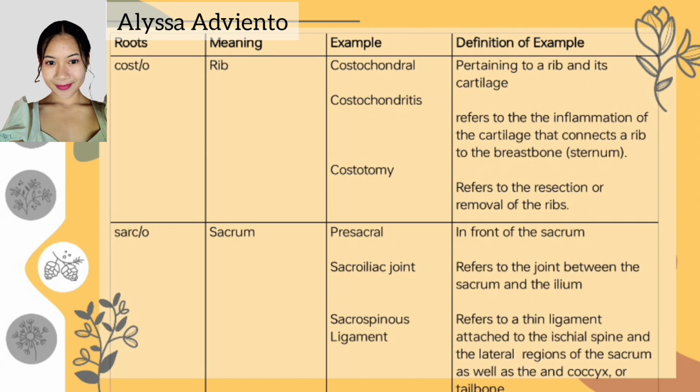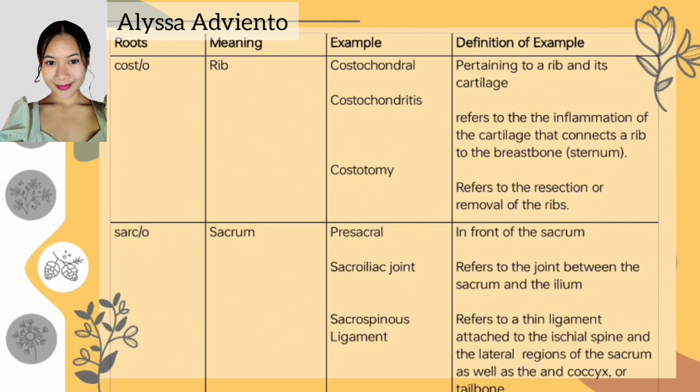And last but not the least, example 3 is the costotomy, which refers to the resection or removal of the ribs. For example, surgeons do costotomy when performing transplantation of internal organs within the thoracic cavity. As the rib cage serves as a guard of the organs, surgeons cannot perform transplantation or surgery without removing it.